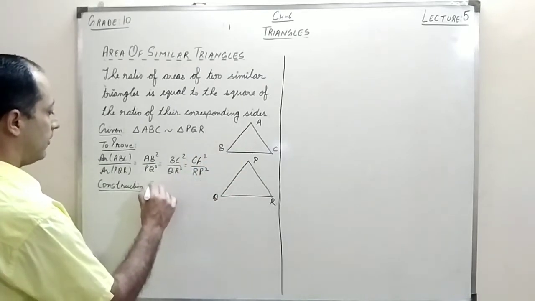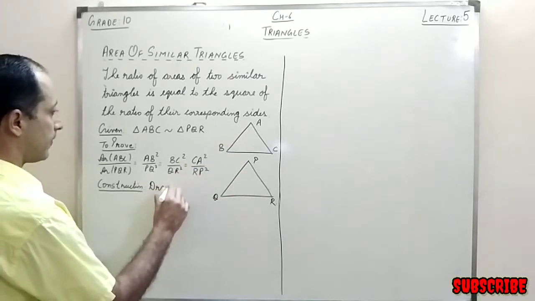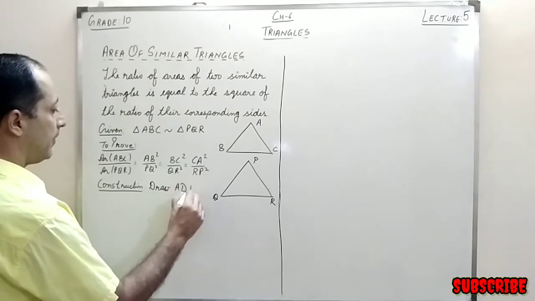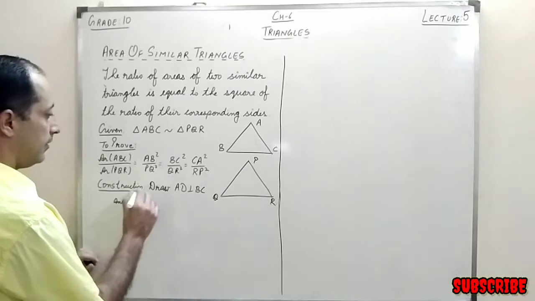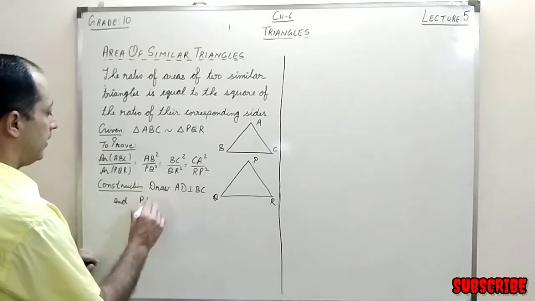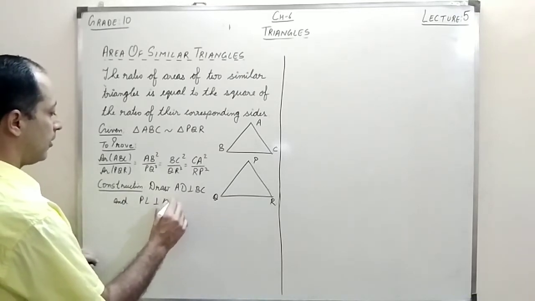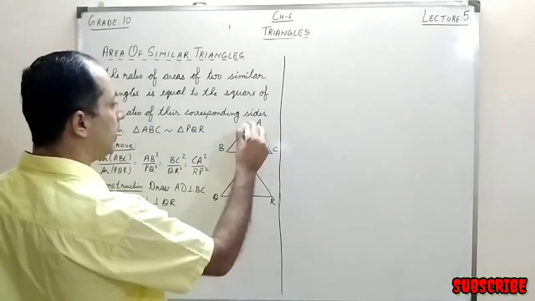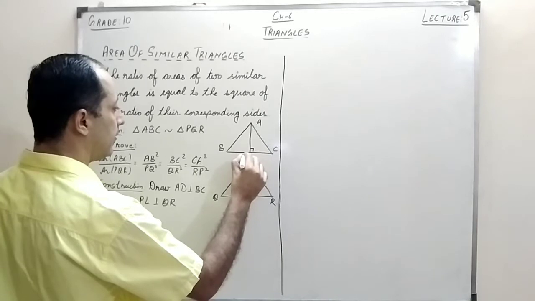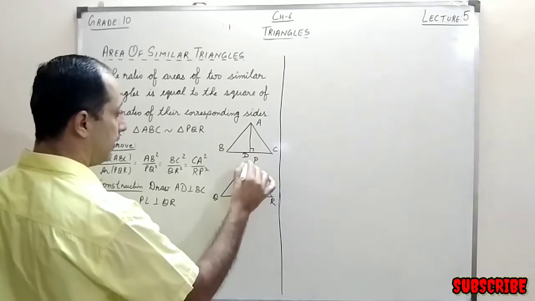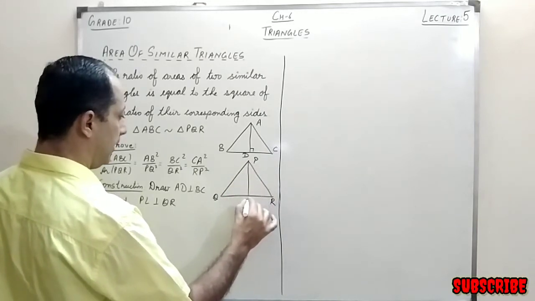So I draw AD perpendicular to BC and PL perpendicular to QR. So we draw a perpendicular here. This is AD, this is my point D, and this is PL.